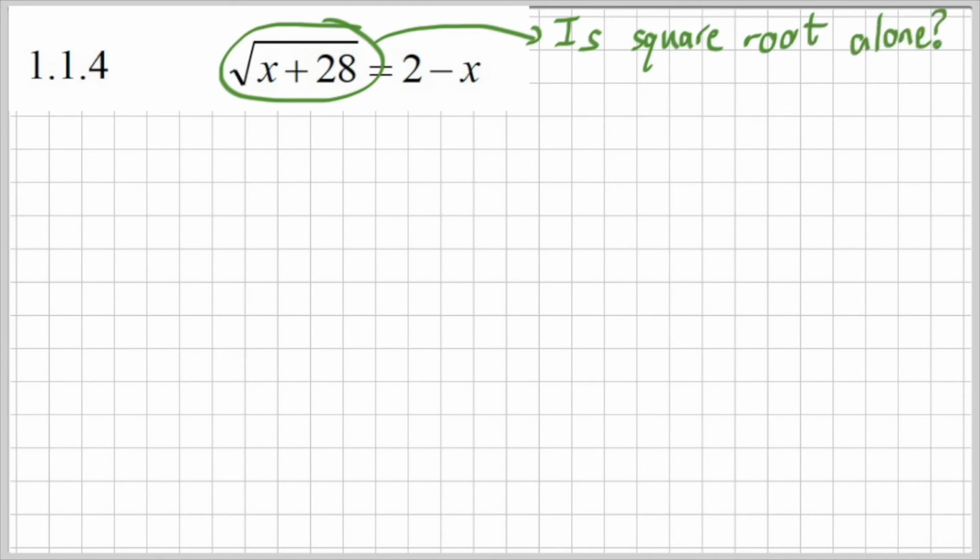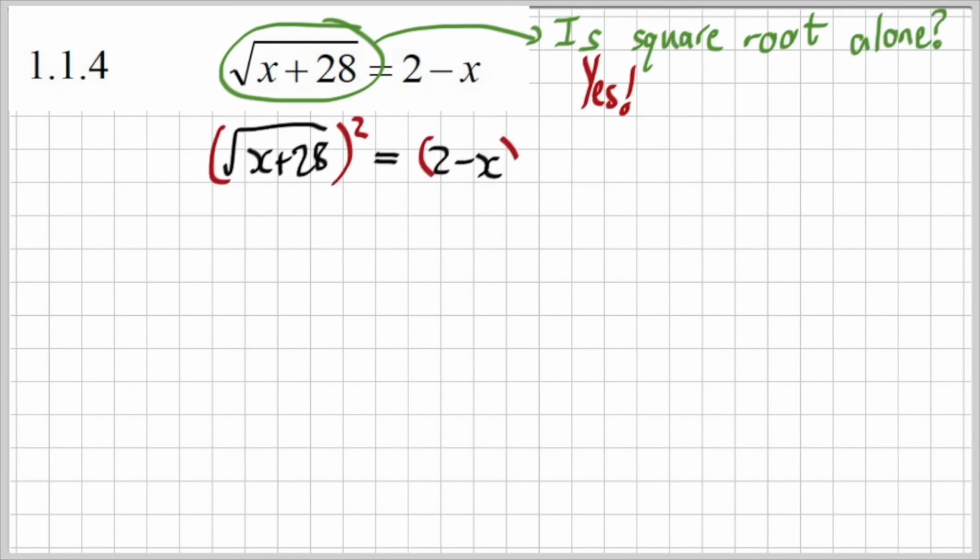Yes or no? In this case, yes it is. But what if it wasn't? Well, we are going to look at that in a short while. But first, if it is alone on one side, then I have to square both sides.